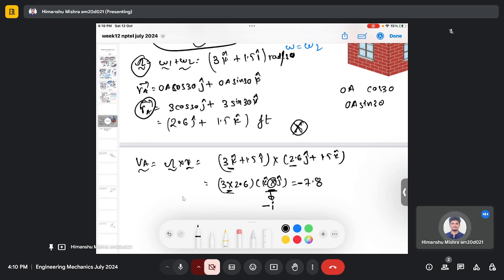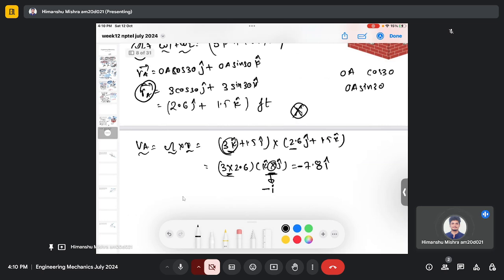So it's minus 7.8 i. Then 3k and 1.5k will be 0 because the cross product of k and k is 0.